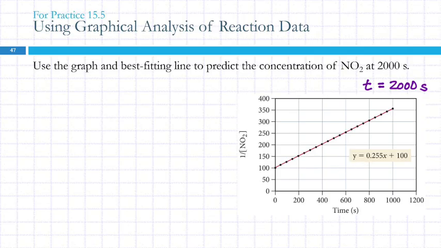The integrated rate law is 1 over [A]t is equal to kt plus 1 over [A]0.